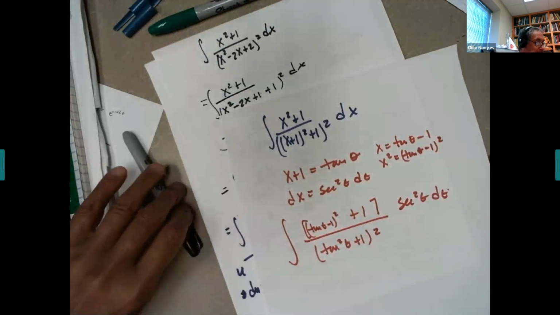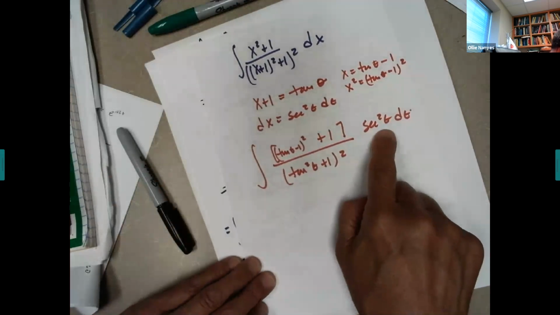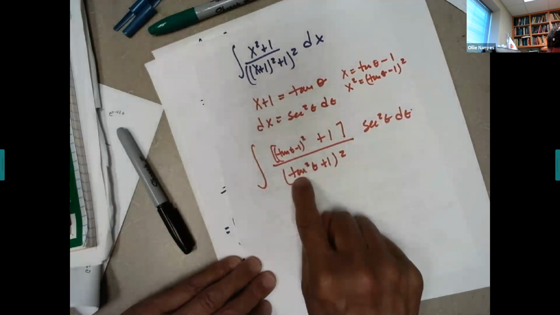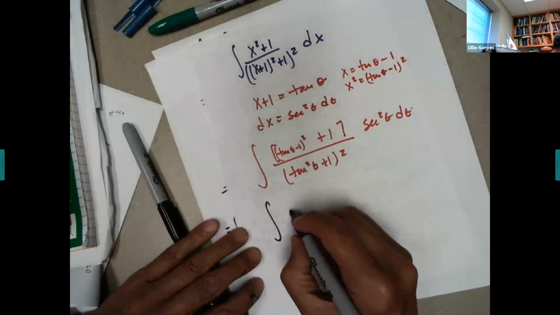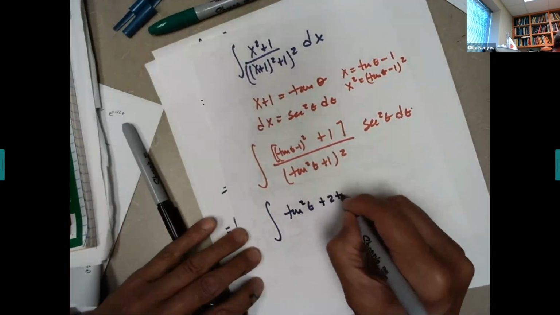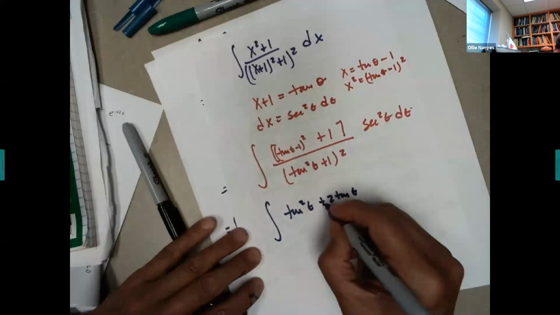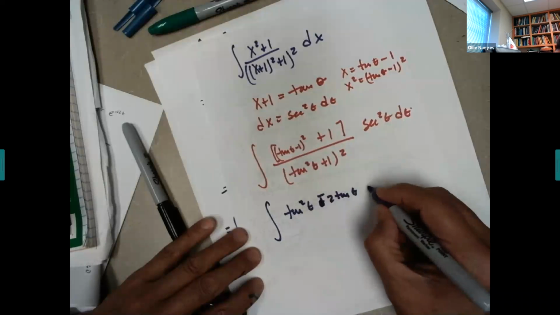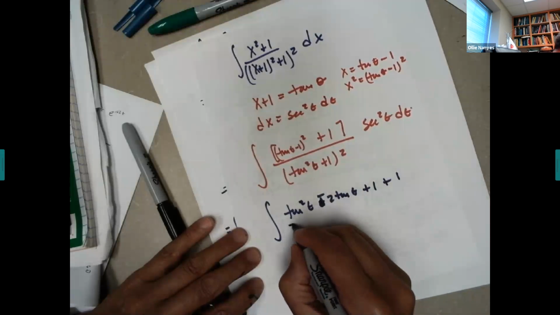Now notice what happens. We get a tangent squared theta minus 2 tangent theta plus 2 on the top.